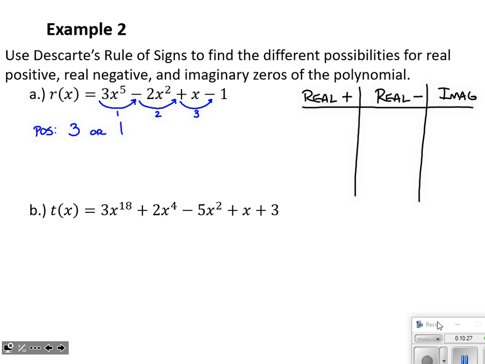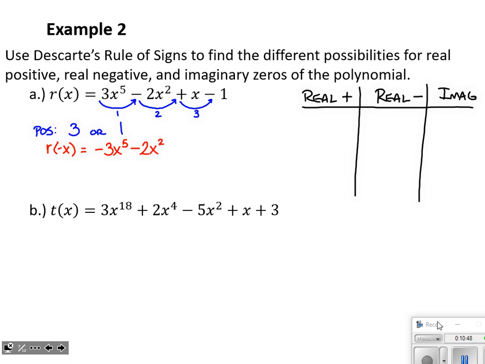Now to find the negative zeros, I'm going to look at r of negative x. Well, 3 negative x to the fifth, that's an odd power, so the negative sign is not absorbed. It sticks. Negative 2 times x to the second, well, that second power will absorb the negative sign. That term doesn't change. Next, positive x.